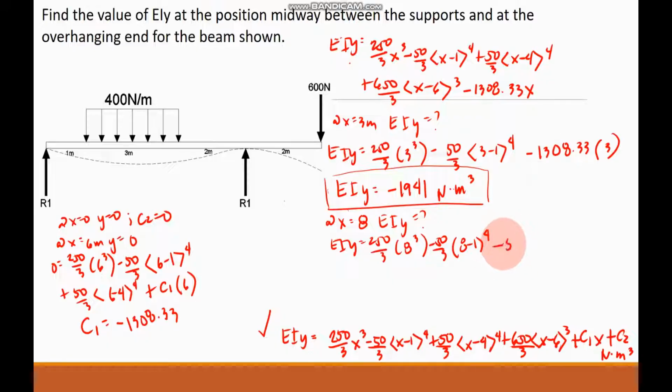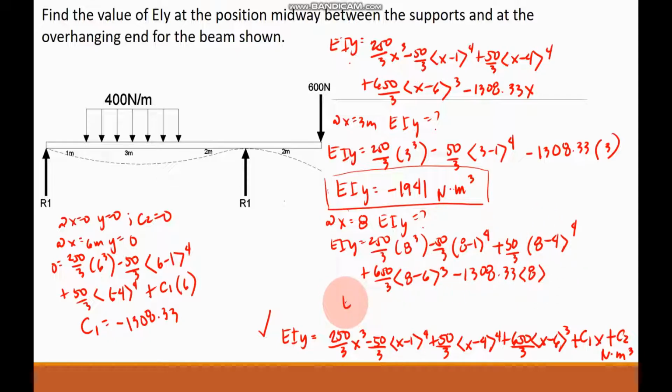plus 50 all over 3 of (8 minus 4) raised to 4 plus 650 all over 3 of (8 minus 6) raised to 3 minus 1,308.33 multiplied by 8.